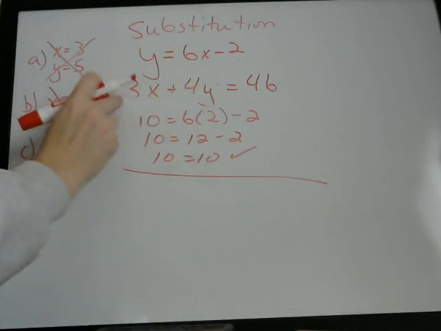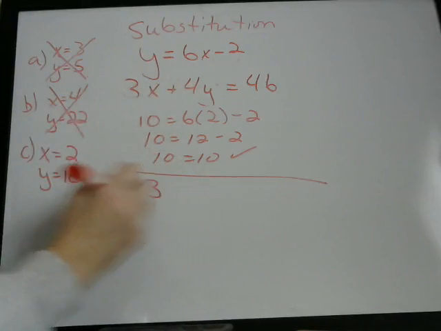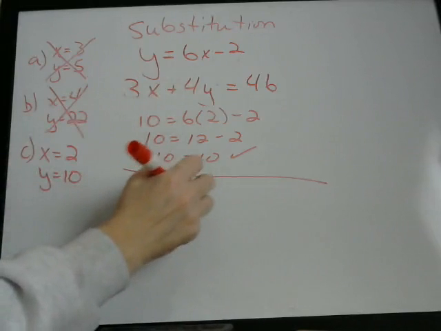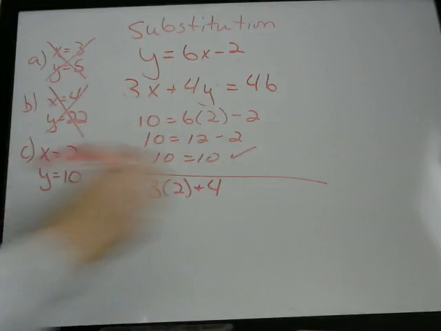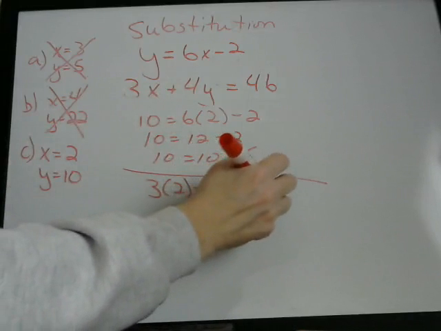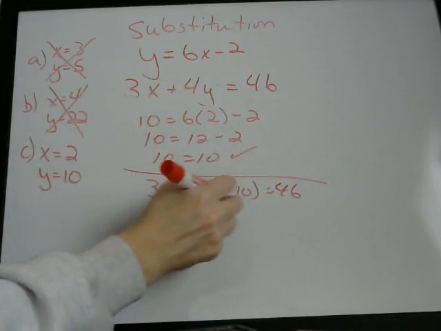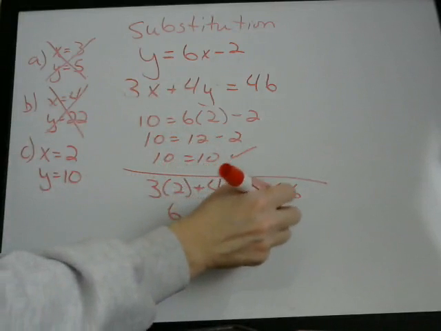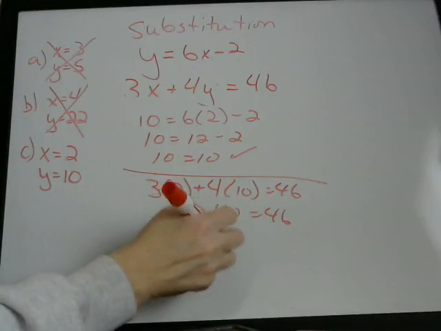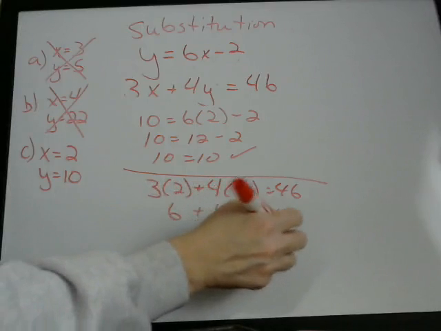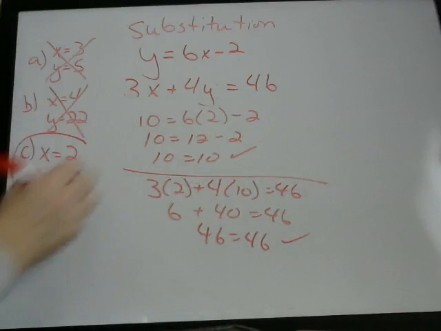But we have to go to the second equation. 3 times x, x is 2, plus 4 times y, y is 10, equals 46. 3 times 2 is 6, 4 times 10 is 40, 6 plus 40 is 46. That checks out. So that is the right answer. So then you could stop, go to the next question.